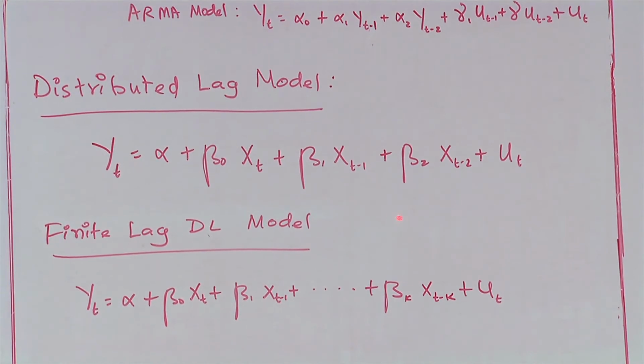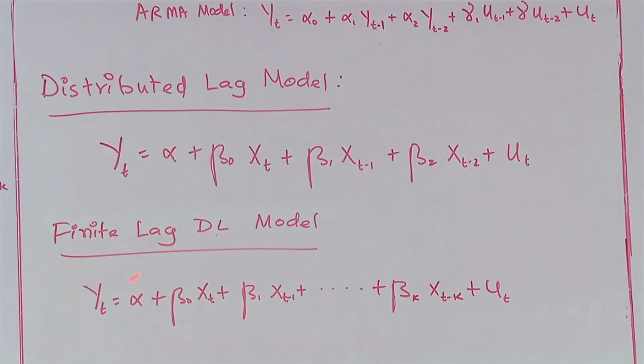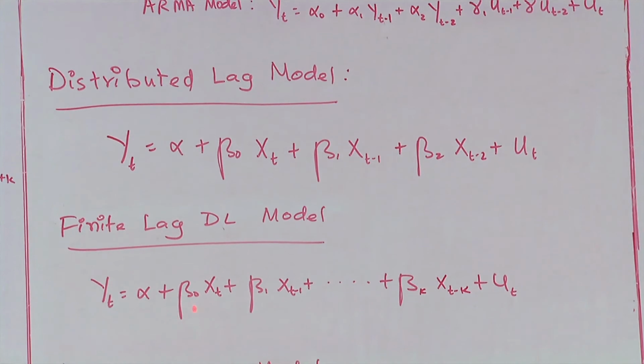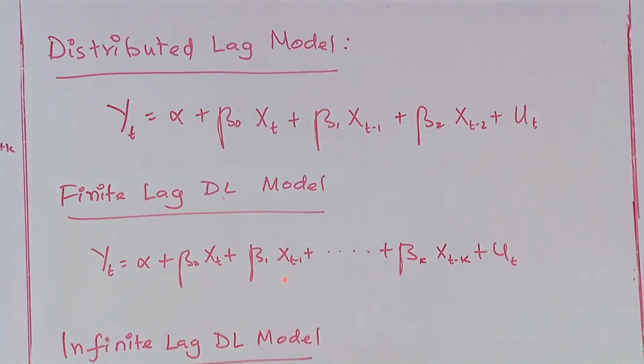We can write a general form of the finite lag distributed lag model as yt equals alpha plus beta 0 xt plus beta 1 xt minus 1 plus etc., plus beta k xt minus k plus ut.